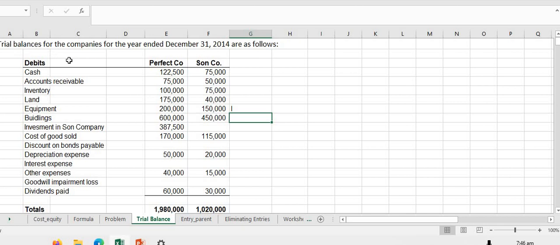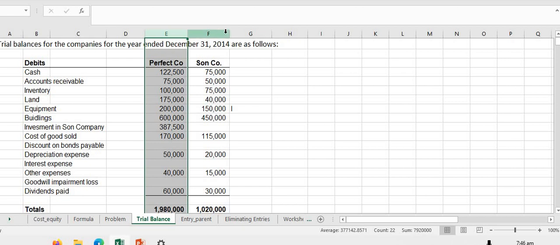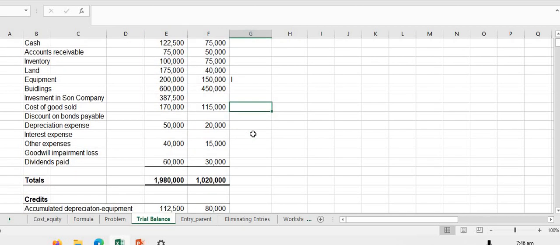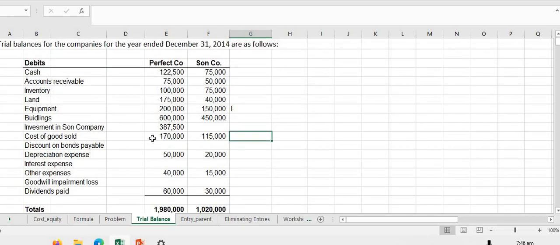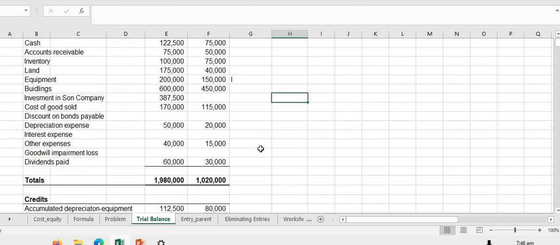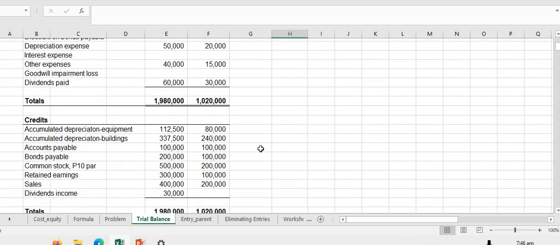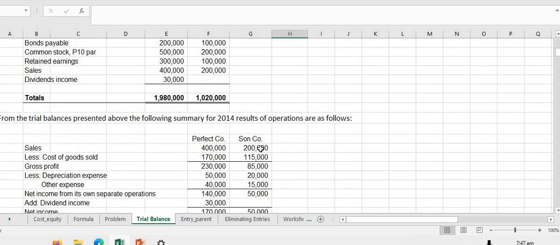This is actually the trial balance of Perfect, the parent, and the subsidiary, Sun Company, at December 31, 2014. Take note that the investment in Sun Company would still be at 387,500. So it did not change.